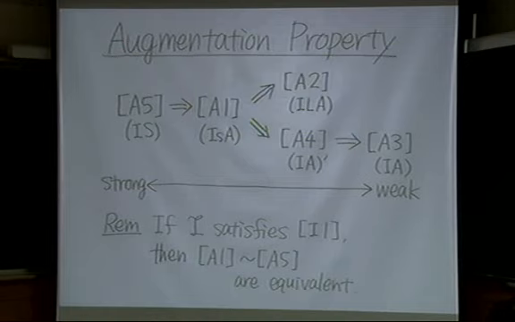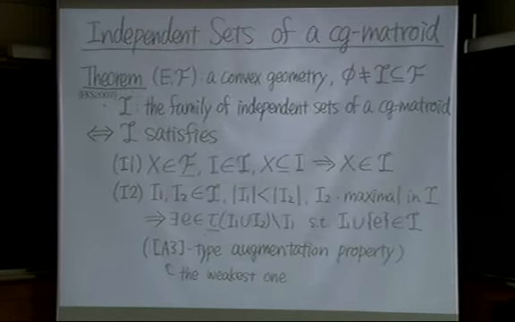So in ordinary matroid theory, we can choose any of these 5 augmentation properties as an axiom for ordinary matroid. So now I will show you the characterization of independent sets of a CG matroid.